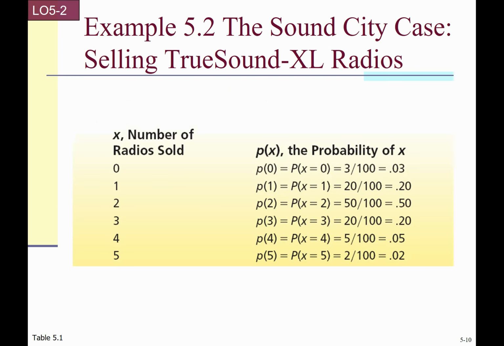Here's a good example of a discrete probability distribution. Let's look at selling radios. Let's say that the number of radios we sell in a day is defined historically.